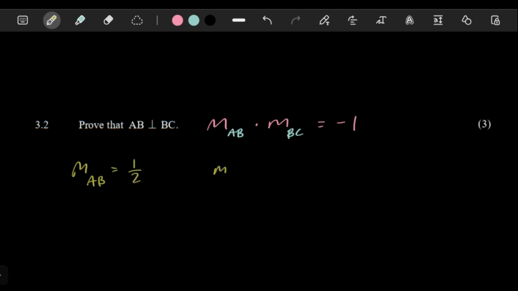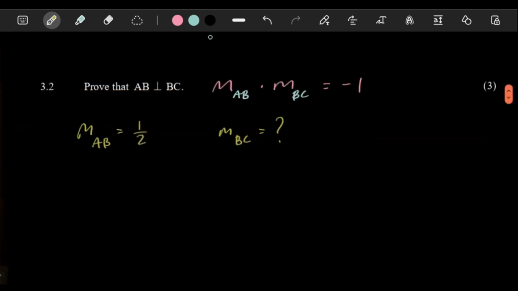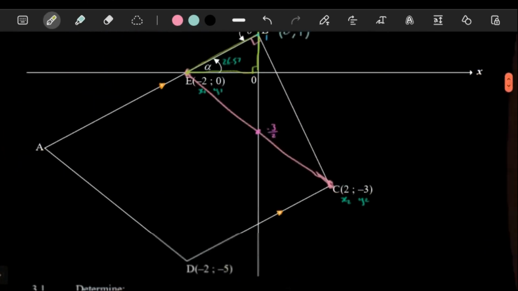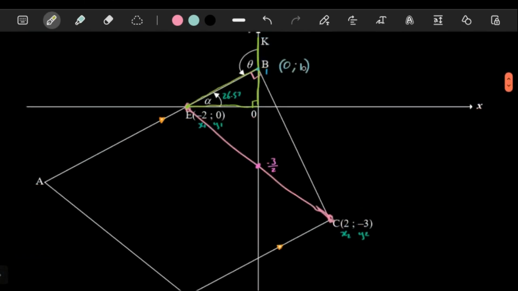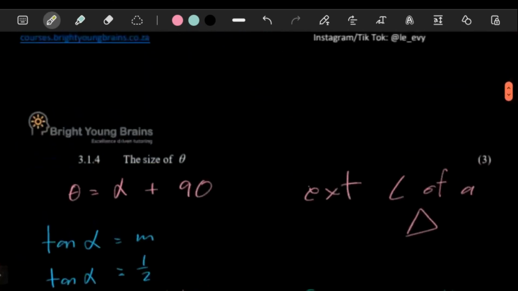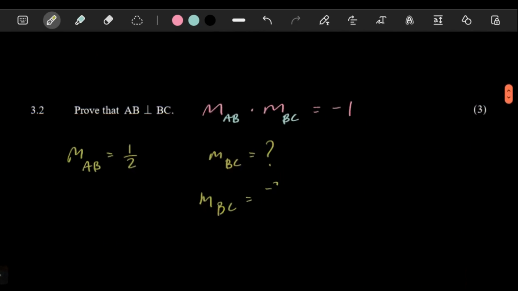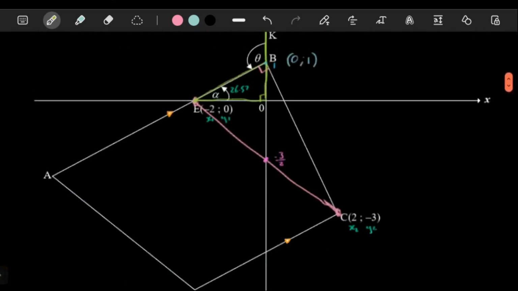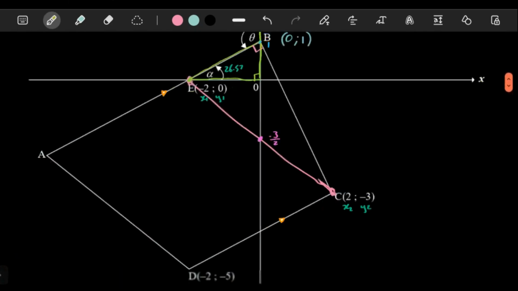The gradient of BC is missing, but we can get it. The gradient of BC is going to be equal to y2 minus y1 and all that. So here we can say -3 minus 1, and then 2 minus 0.